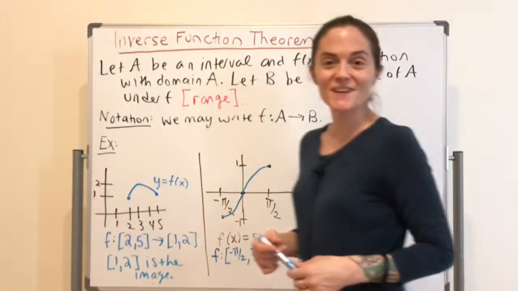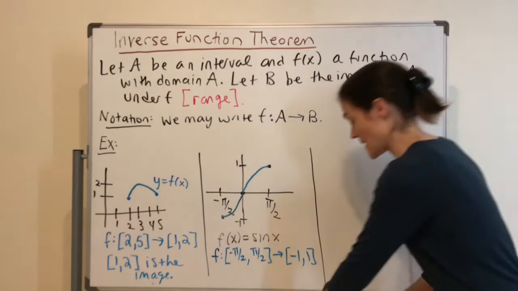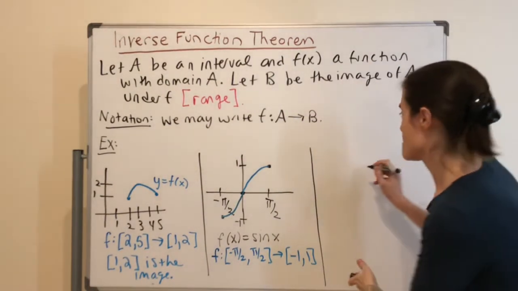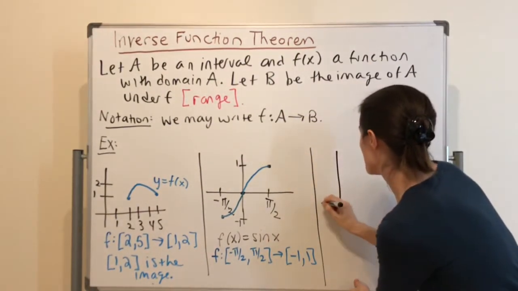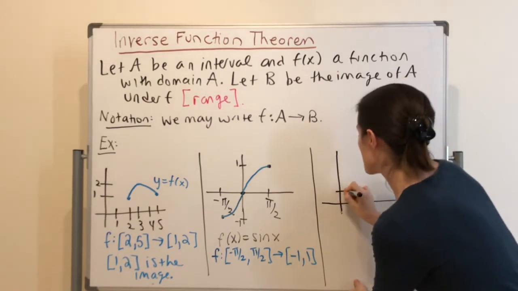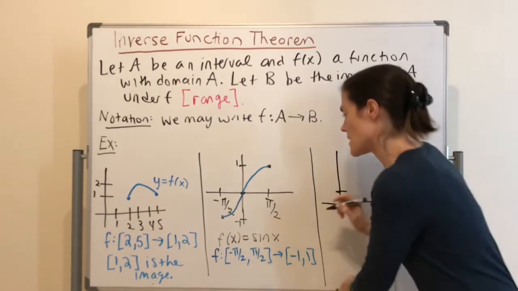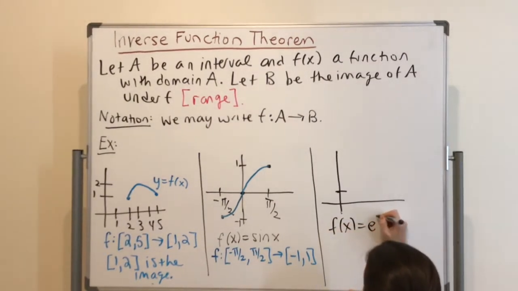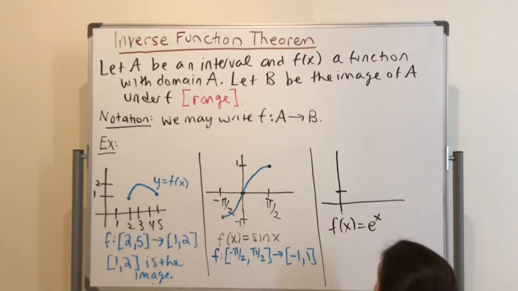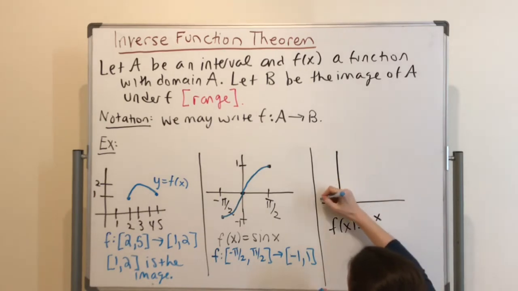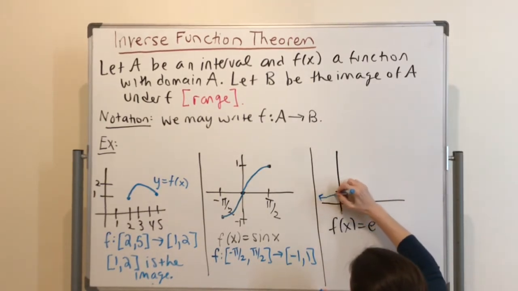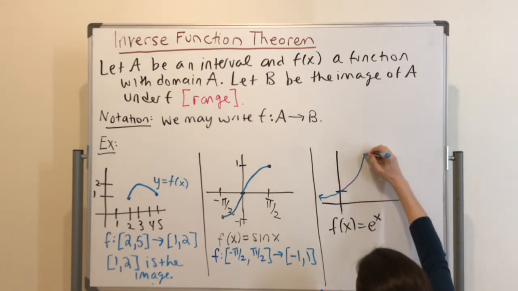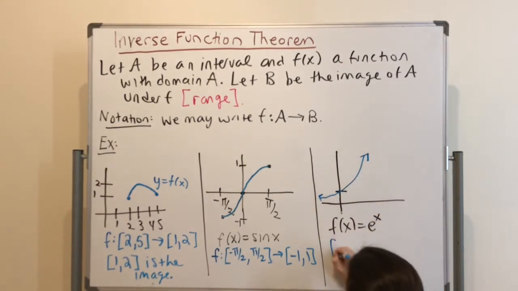Now one more I will graph. This will be e to the x, and I will just sketch it as I did the other ones. This is f of x equals e to the x. It goes through the point 0, 1, and it is exponential growth, something like this.